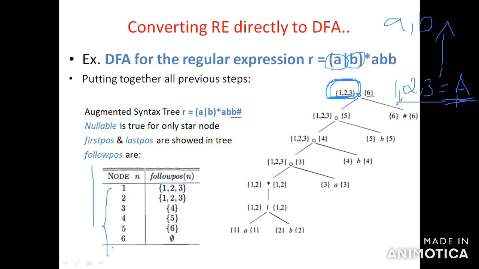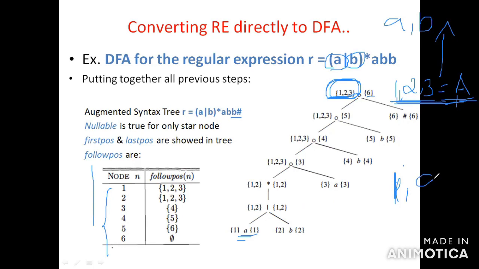Based on the marked state A, we have the positions 1, 2, 3. In that, what are the positions for input symbol a? 1 is a. 2 is b, so leave it. 3 is a.